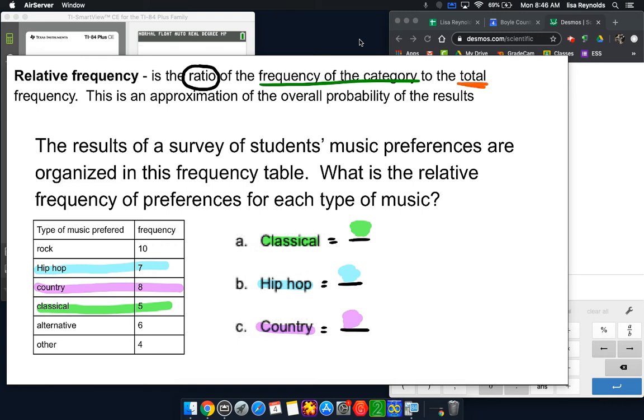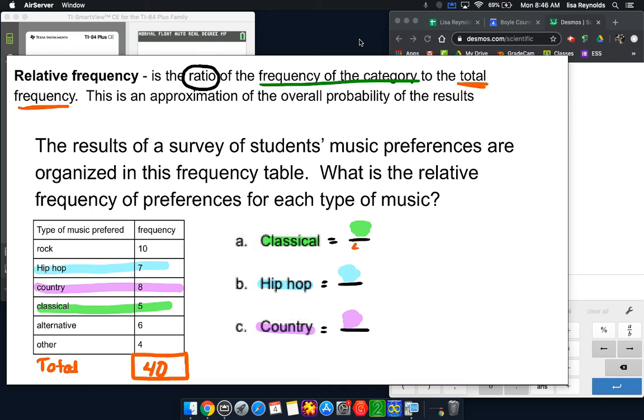the total frequency. Now this is something that we are going to have to calculate. So our total, we're just going to need to add all of these together. So 10 plus 7 plus 8 plus 5 plus 6 plus 4, and our total is 40.